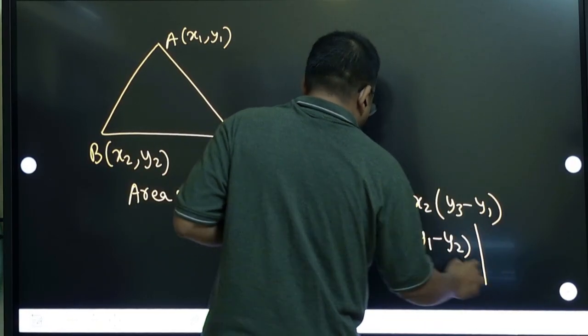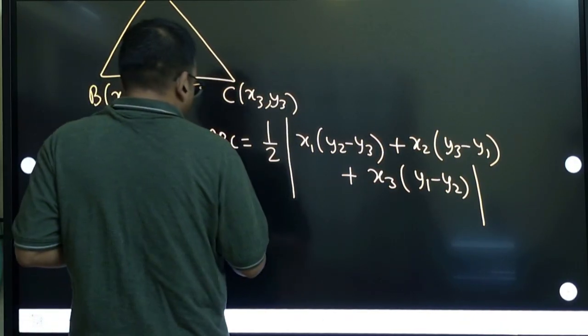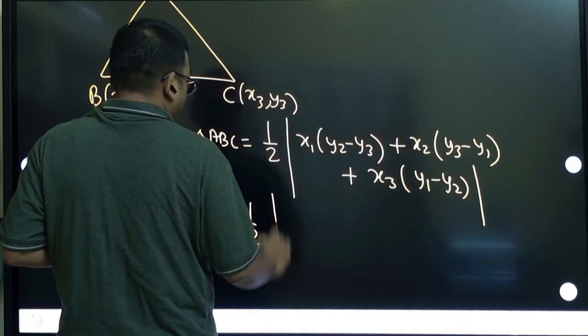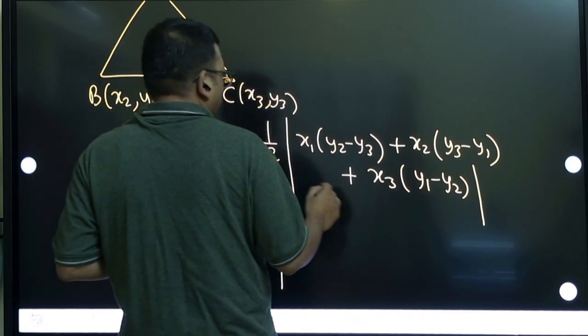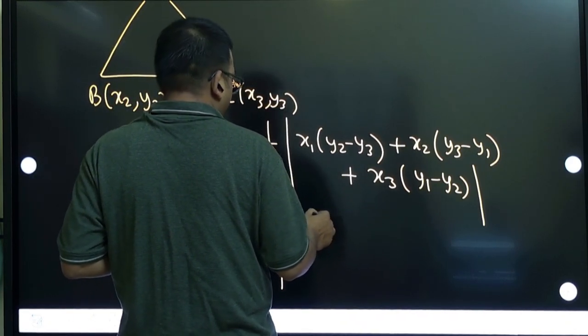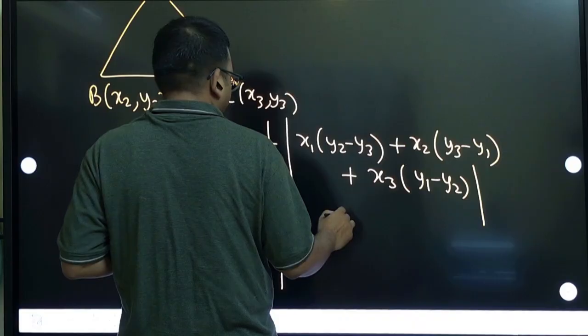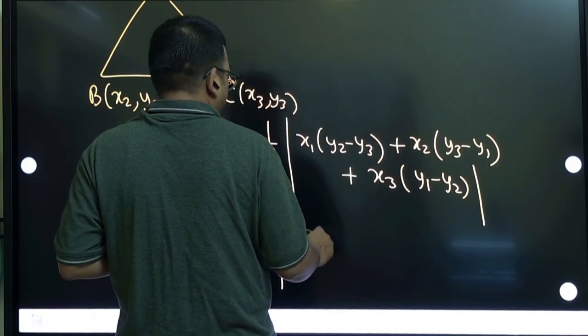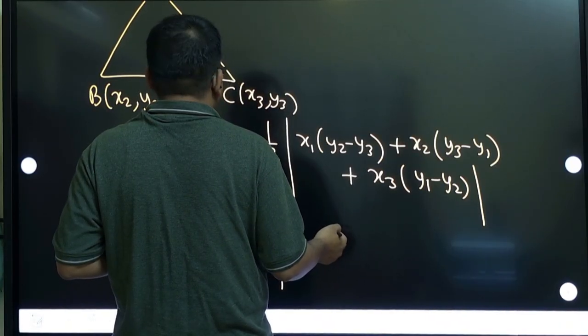I think this term can also be written in determinant form as half of, how can we write the determinant form? I think x1 x2 1, y1 y2 1, 1 1 1, isn't it?